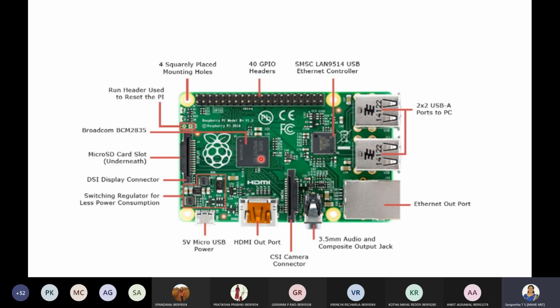So ARM is the one who is designing this particular product, and the CPU is for Raspberry Pi 3. There are various versions of this Raspberry Pi board available. Raspberry Pi 3 basically has a 32-bit processor, which is capable of processing 32 bits in a clock cycle, right?